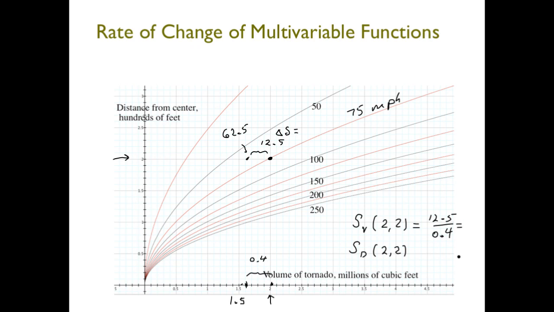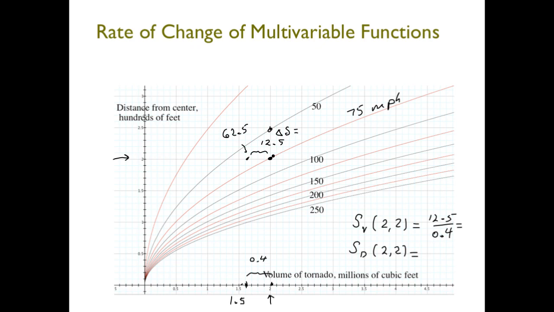Why don't you try, in the last minute, to come up with something for that. So this is now the partial of wind speed with respect to distance. That looks a little easier. I recommend let's use this point right here.